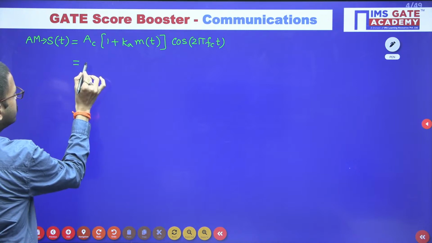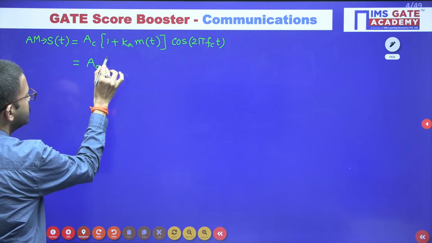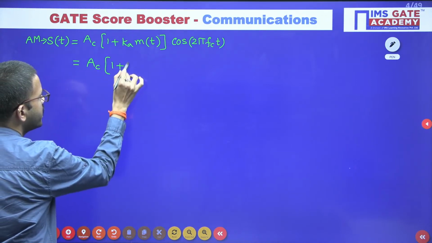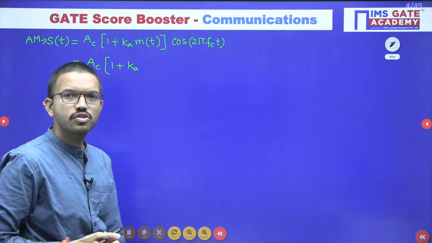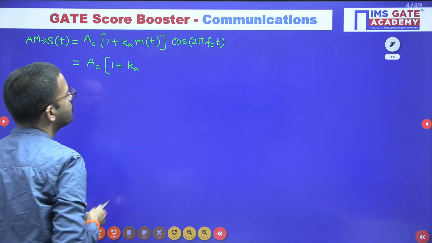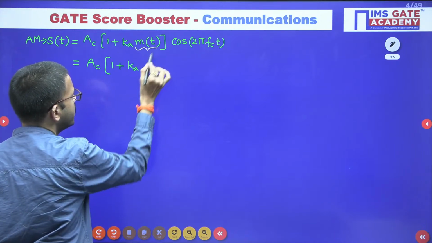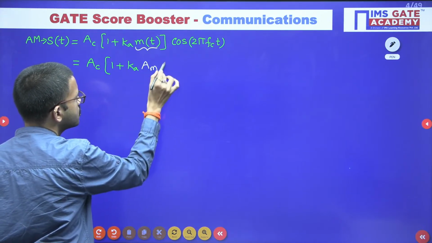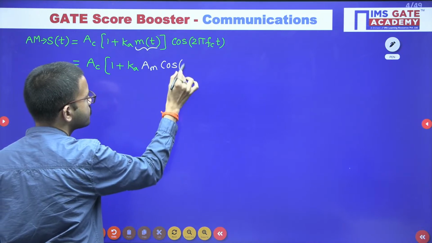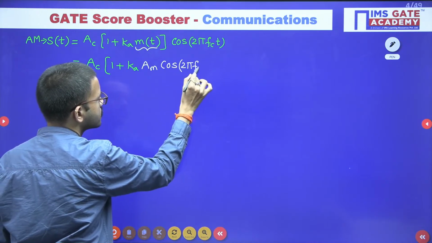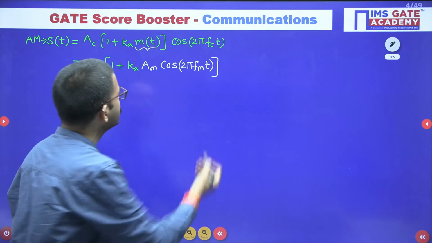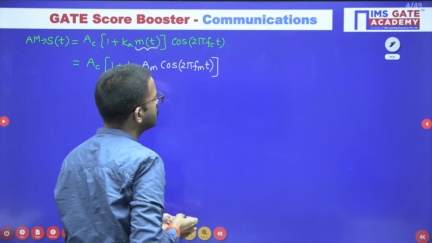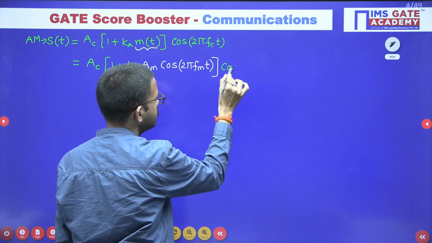Okay. So here Ac into 1 plus Ka. Just like the carrier signal we have considered Ac cos 2 pi fct, similarly the message signal we are considering as Am cos 2 pi fm t, into, you can multiply with the carrier signal cos 2 pi fct.